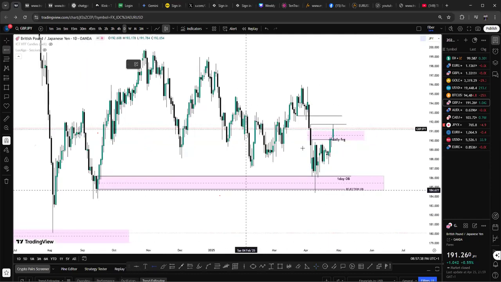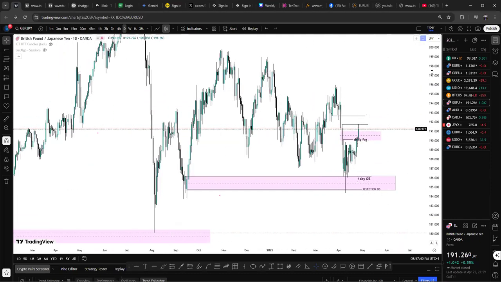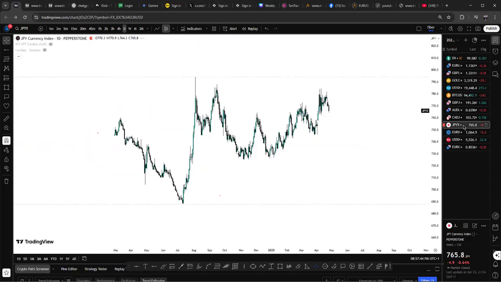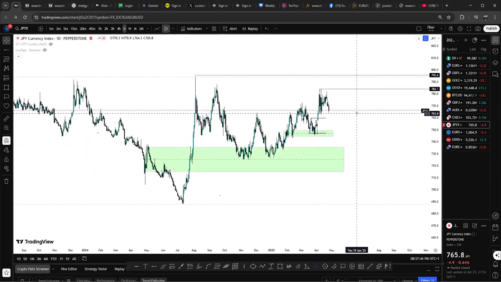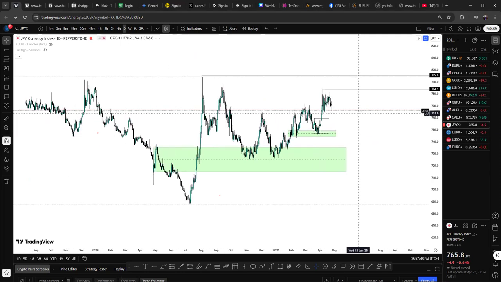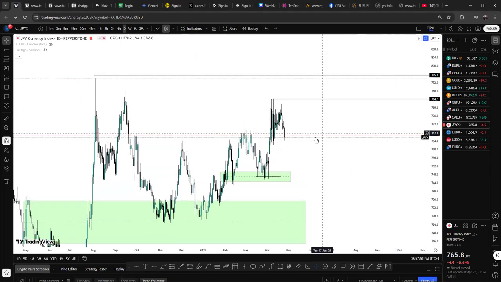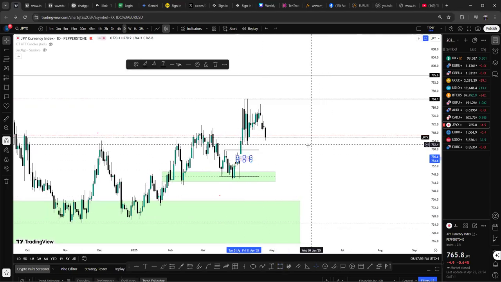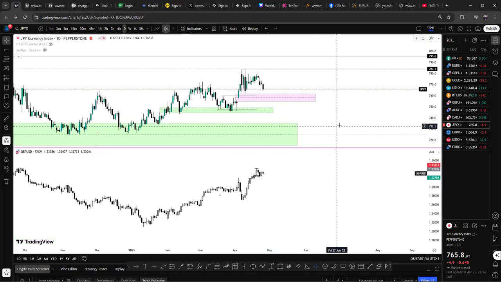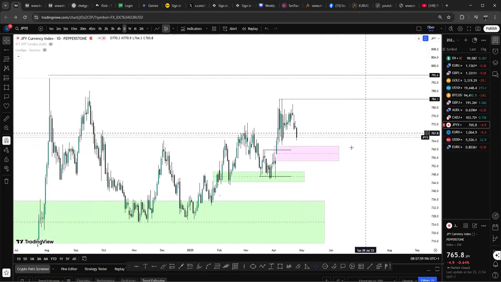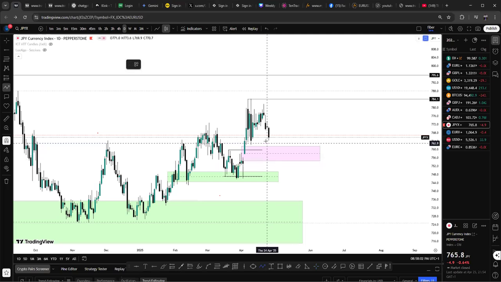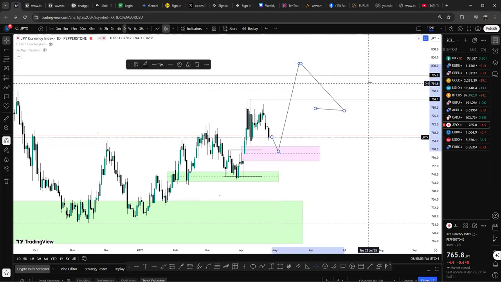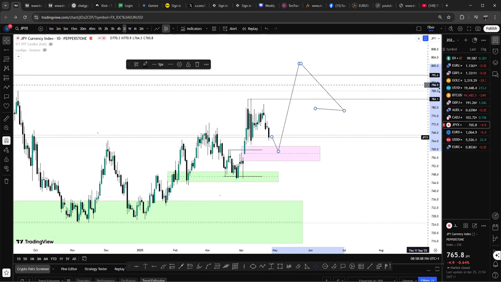And as it stands now, for example, we looked at JPY, the Japanese yen index. The Japanese yen index is so bullish, really bullish. So we can have it maybe drop down to this area and continue to buy. If the yen index wants to continue buying, that means the Japanese yen is going to be strengthened.